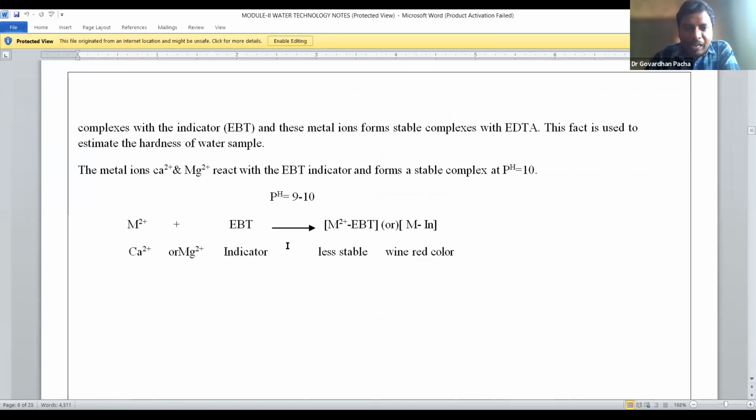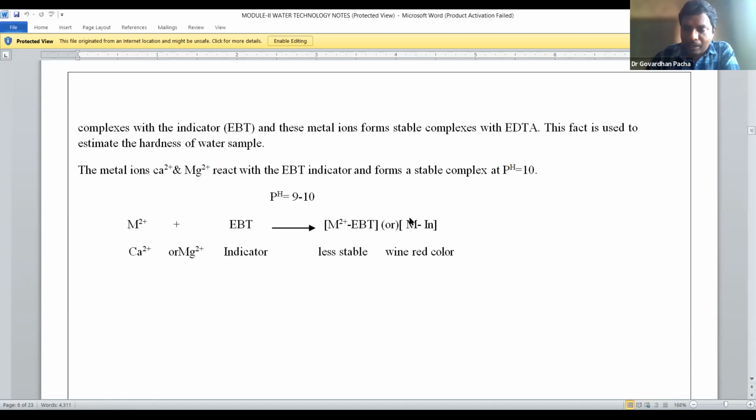Okay, ma. Are all of you able to see the equation, ma? All of us can see it, sir. Okay, ma. So initially the metal ions present in the hard water are treated with the indicator EBT and it gives a metal indicator complex. This metal indicator complex is treated with EDTA to give a metal EDTA complex.